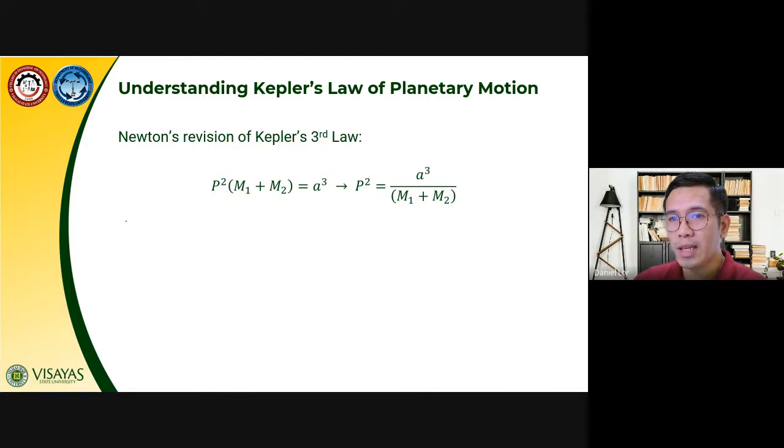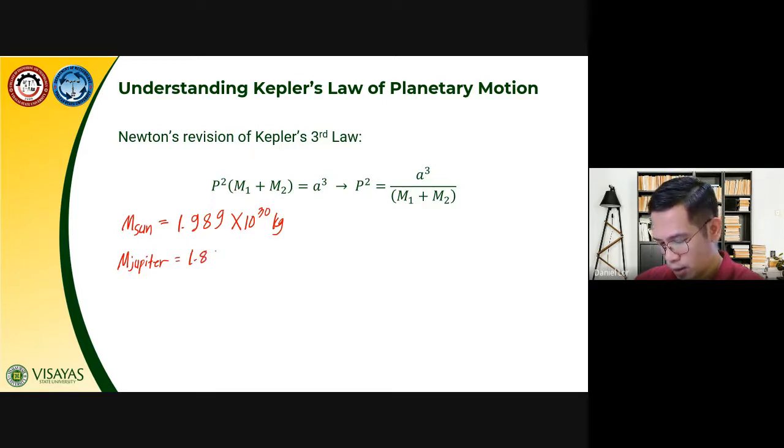Because the mass of the sun is equal to 1.989 times 10 to the 30 kilogram, and the mass of the planet Jupiter is equal to 1.898 times 10 to the 27th power kilogram.